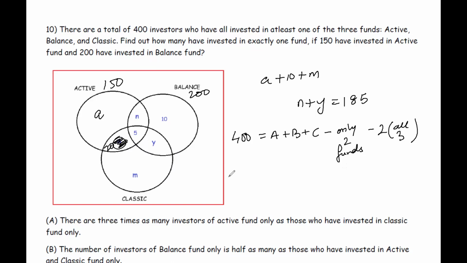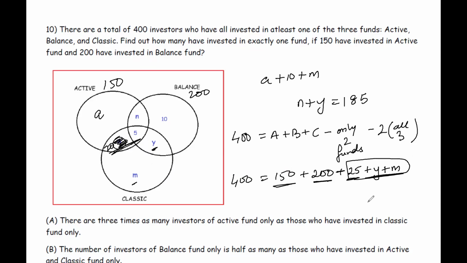So 400 is equal to 150 plus 200 plus C. C we don't know, but we know it is 25 plus Y plus M. This is 25 and Y plus M is the C part, classic, balance, active, right? This is the C part, okay? Minus only two funds. So minus only two funds is 20 plus N plus Y.